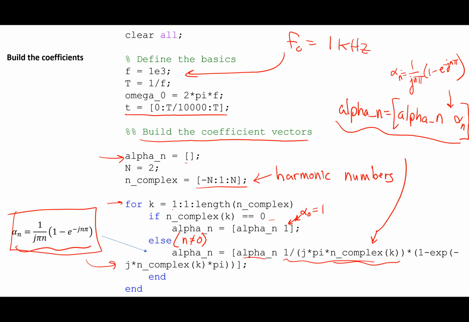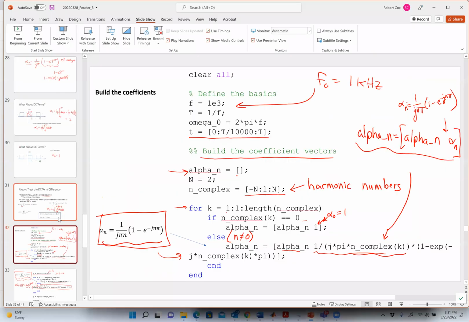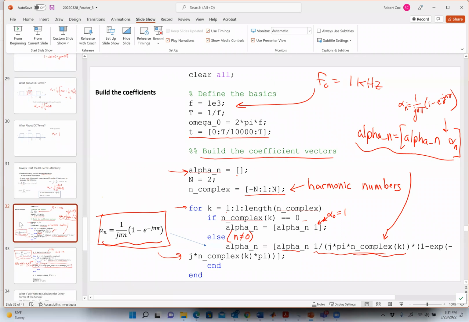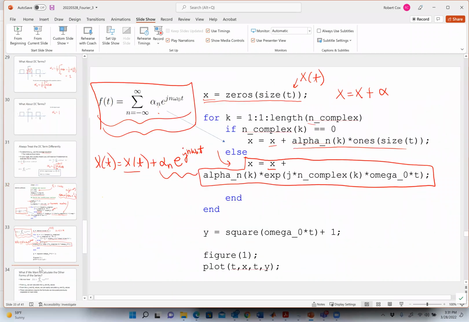If I have alpha n equals alpha n and a number, then I just add that number on at the end. So if I use the term concatenation, does that make sense? Yeah, I know that.